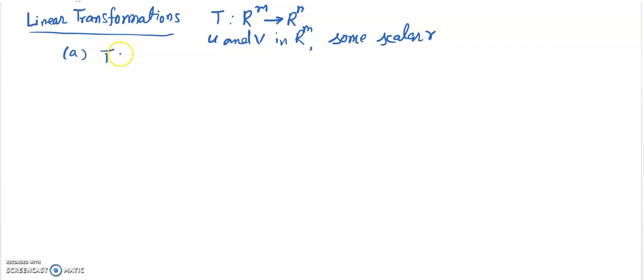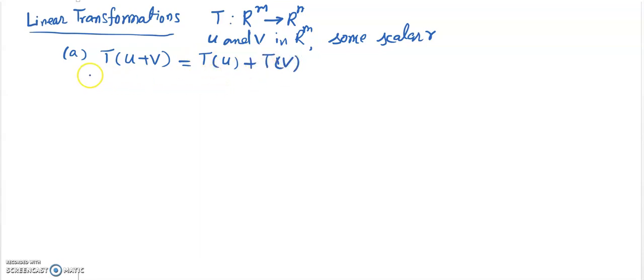The first is that the transformation of the vector u plus v, because both u and v have m components so we can add these two vectors, will be equal to the transformation of u plus the transformation of v.